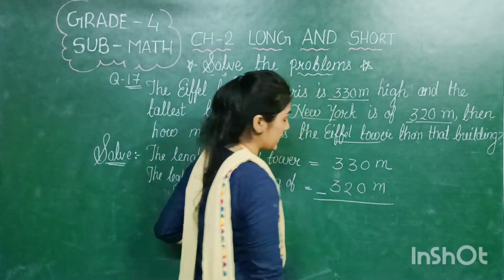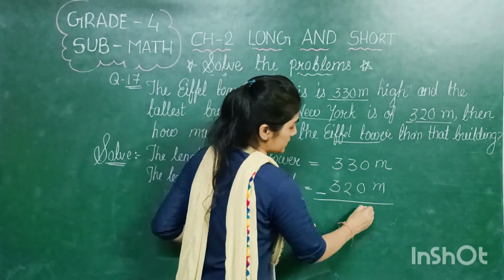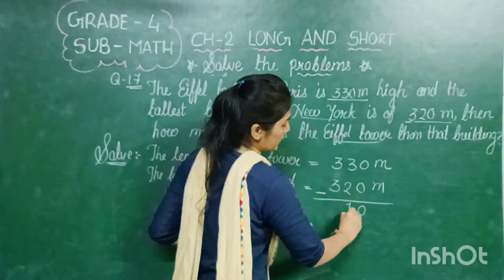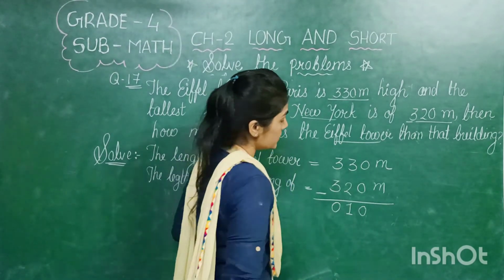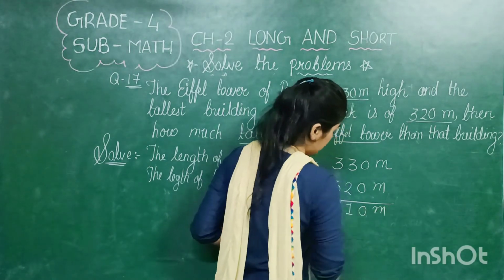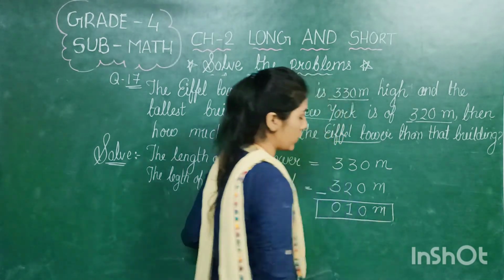So subtraction sign we are putting. 0 minus 0, 0, 3 minus 2, 1 and 3 minus 3, that is 0. So that 10 meter answer we have got.